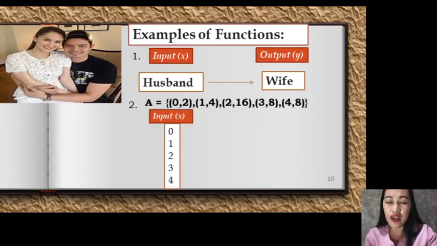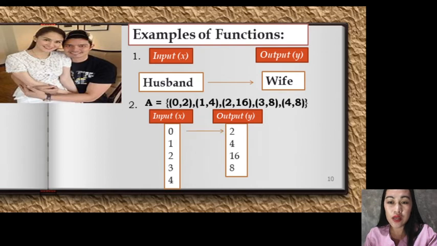Our input is 0, 1, 2, 3, 4, and our output is 2, 4, 16, and 8. 0 is paired with 2, 1 is paired with 4, 2 is paired with 16, 3 is paired with 8, and 4 is paired with 8 also. So example number 2 shows many-to-one correspondence. Therefore, this is a function.